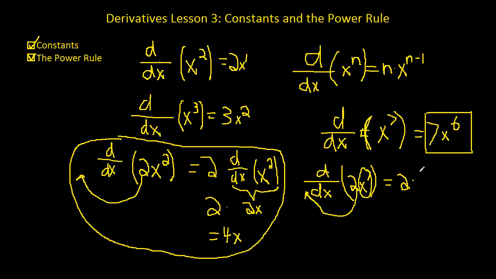And we have that already here, so we can just do this, 2 times 7x to the 6th, and this equals 14x to the 6th.